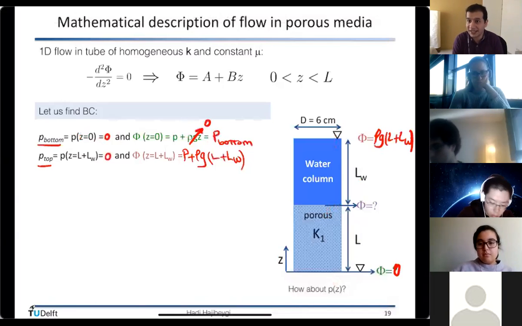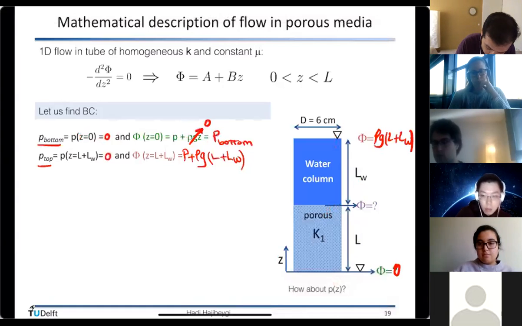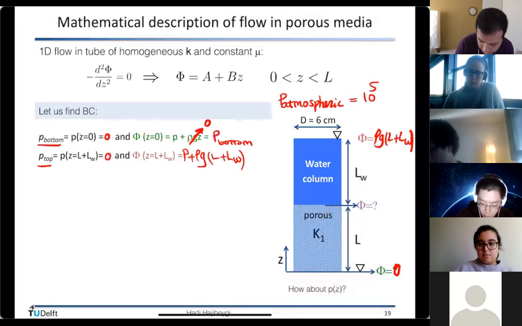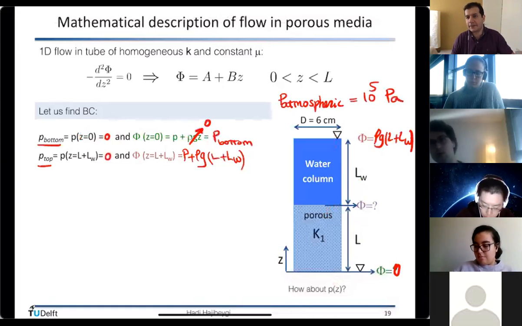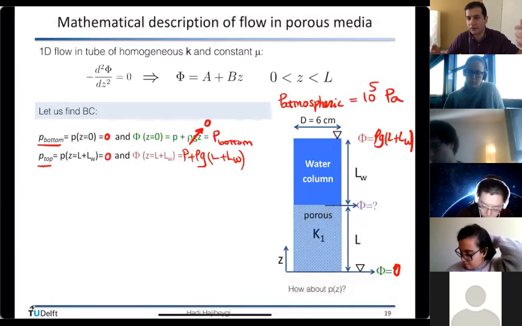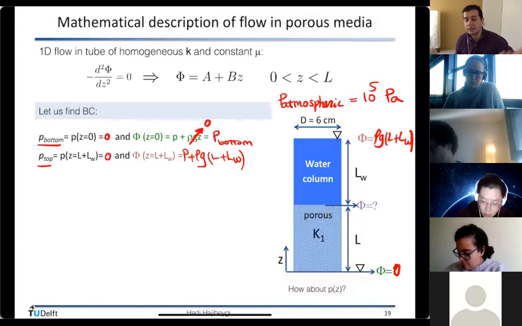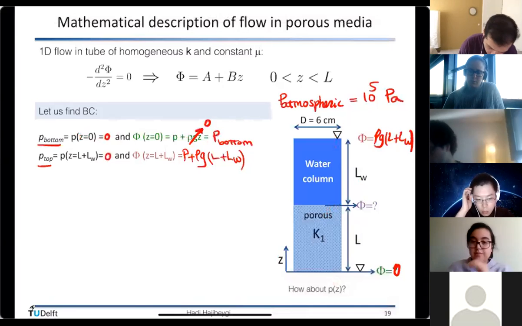If I wanted to write it absolute, not relative, then there would be pressure atmospheric, P atmospheric, which is 10 to the power 5 Pascal, added to all of these values. I am deleting this 10 to the power 5 from everywhere, from the bottom and the top, both. If you wanted to work with absolute pressure, you would write this atmospheric pressure as well.